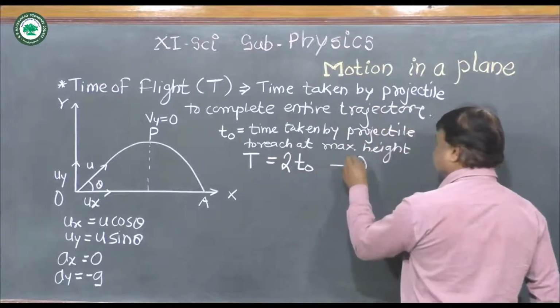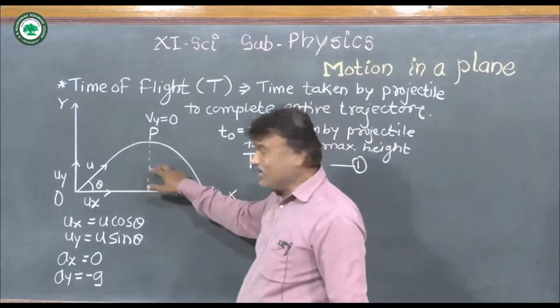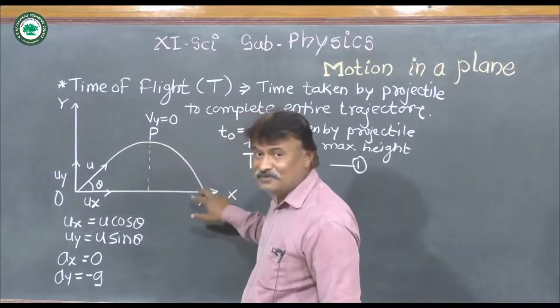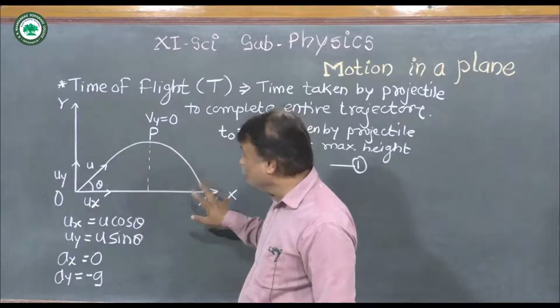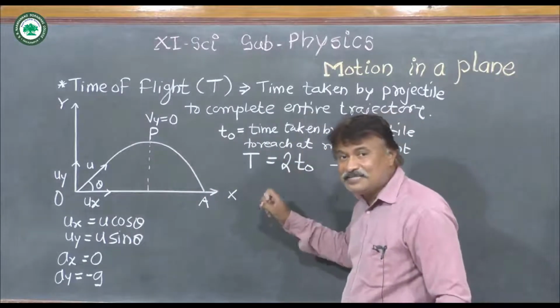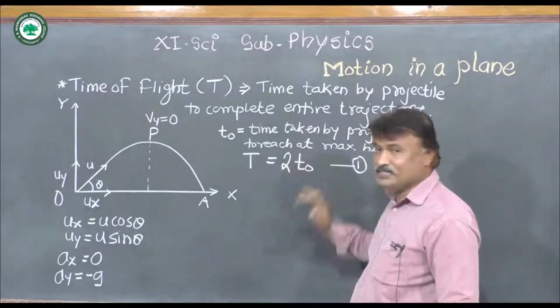Equation 1. It means, according to this figure, the time of ascent is equal to the time of descent, and the total time of flight is time of ascent plus time of descent, therefore it is equal to 2t0.